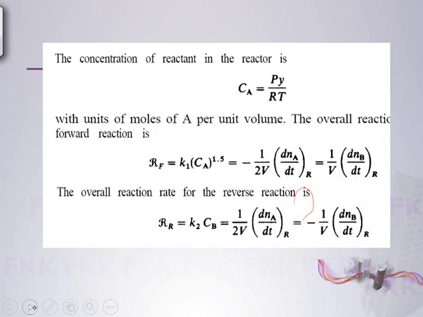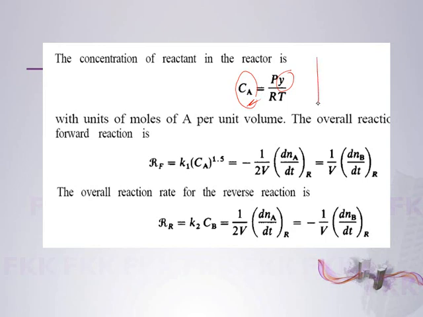Next, the concentration of reactant. Now you can actually calculate the concentration of reactant A by using Ca equals PY over RT. So if your Y changes, the mole fraction of your reactant changes to product, your concentration of A will change definitely.